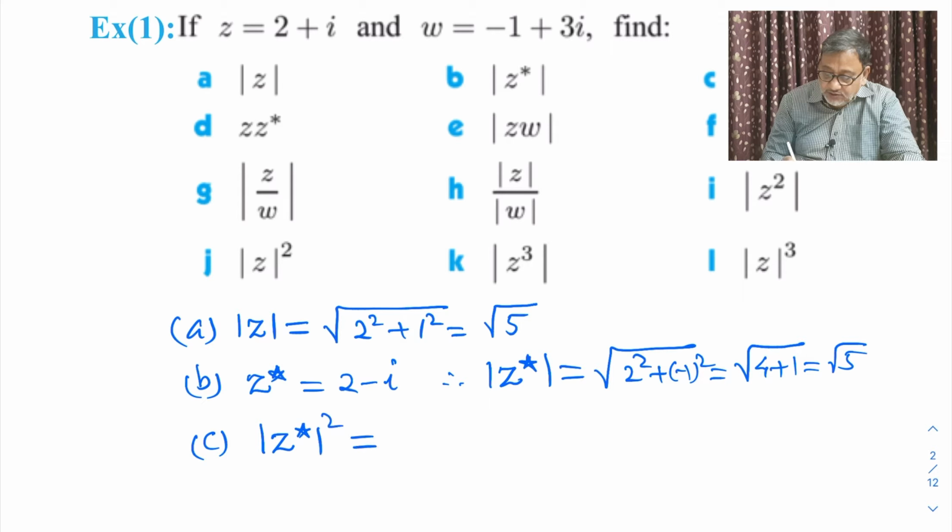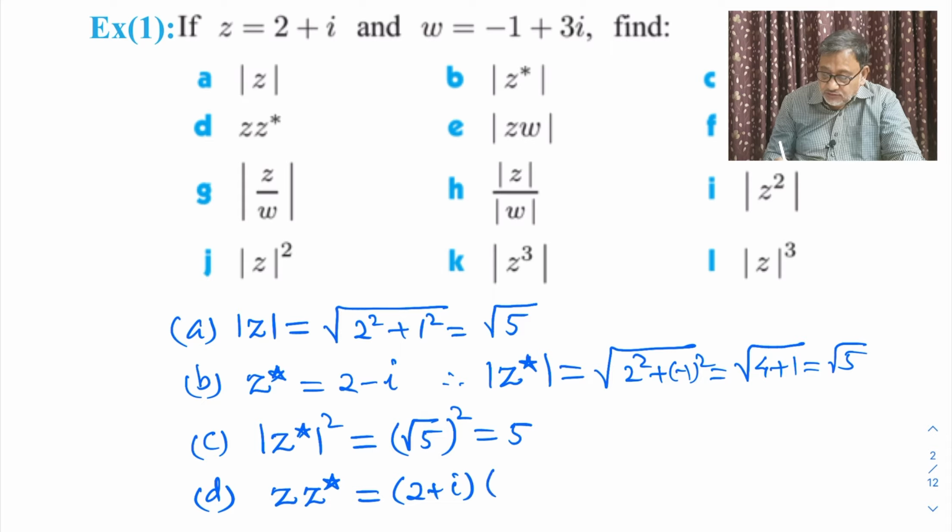C part of this question, modulus of z conjugate square. So first find the modulus and then square it. We already have the modulus, so square root of 5 bracket square will be 5. Then D part says z into z conjugate. So z is 2 plus i multiplied by z conjugate, 2 minus i. We multiply 2 with 2, which is 4.